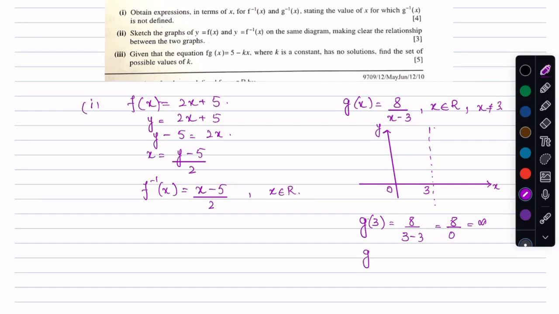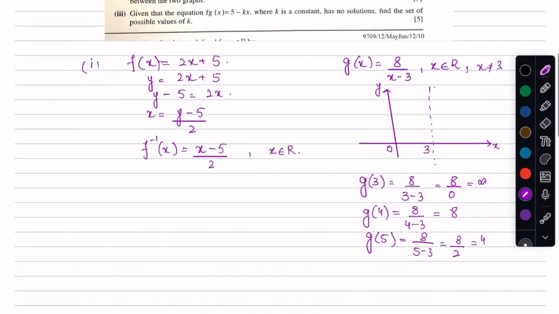If I move on and take g of 4, which equals 8 divided by 4 minus 3, the function value becomes 8. G of 5 is 8 divided by 5 minus 3, which is 8 divided by 2, and the function becomes 4 here.